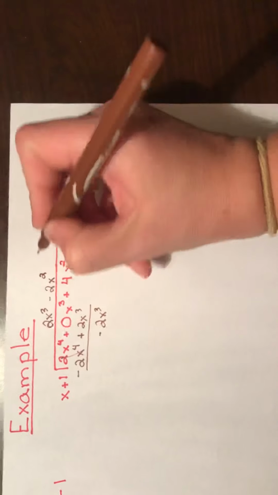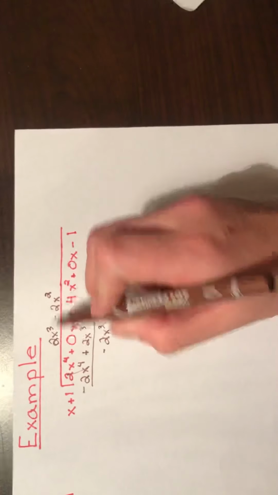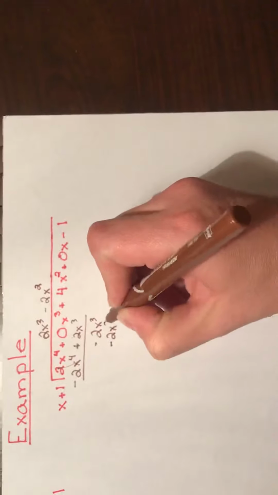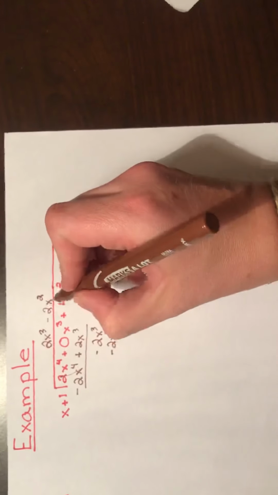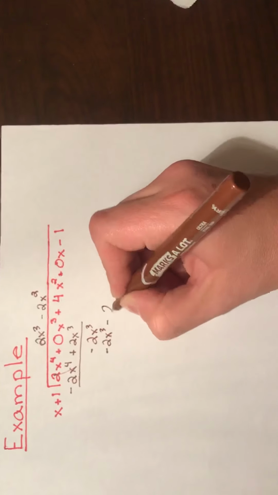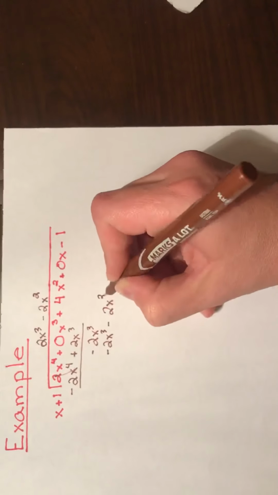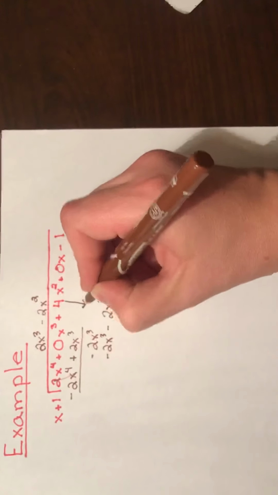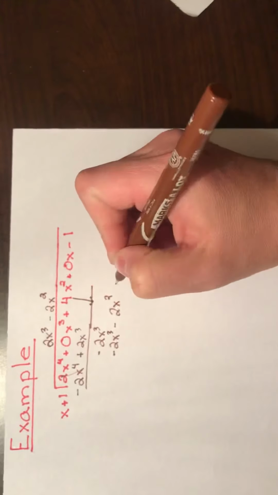We will multiply by a negative 2x squared. Negative 2x squared times an x will give us a negative 2x to the third, and negative 2x squared times 1 will give us minus 2x squared. What we will also need to do is bring down our x squared term.